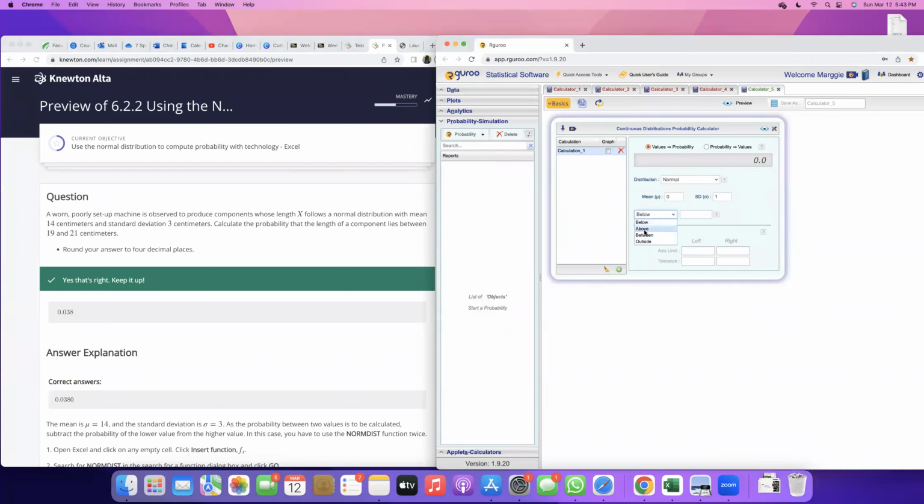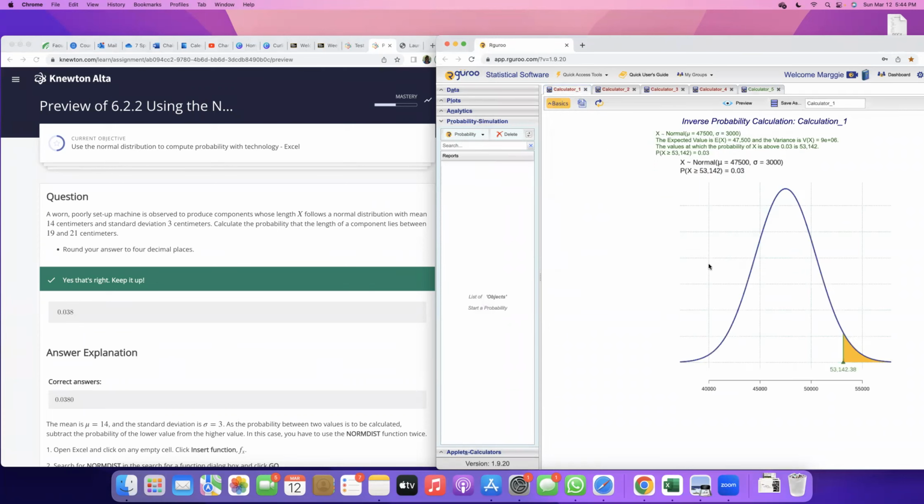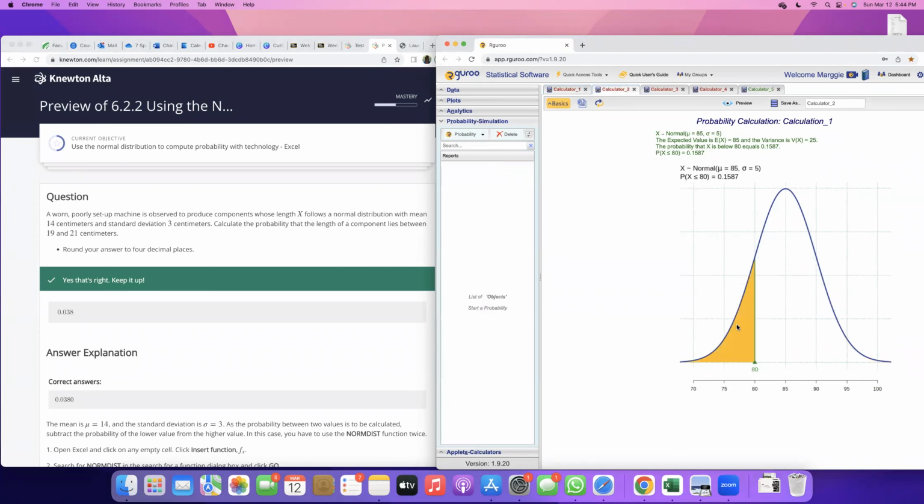Is it less than, or more than, or in between, or is it outside? And then the graph can give you a visual of whether you're doing what the problem is telling you to do in terms of direction, because it's going to turn yellow. Do you want the upper tail, or the lower tail, or an in-between area underneath the curve?